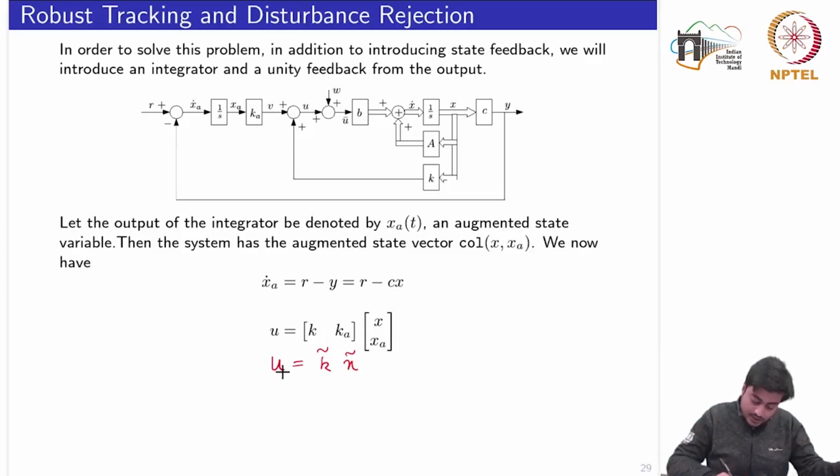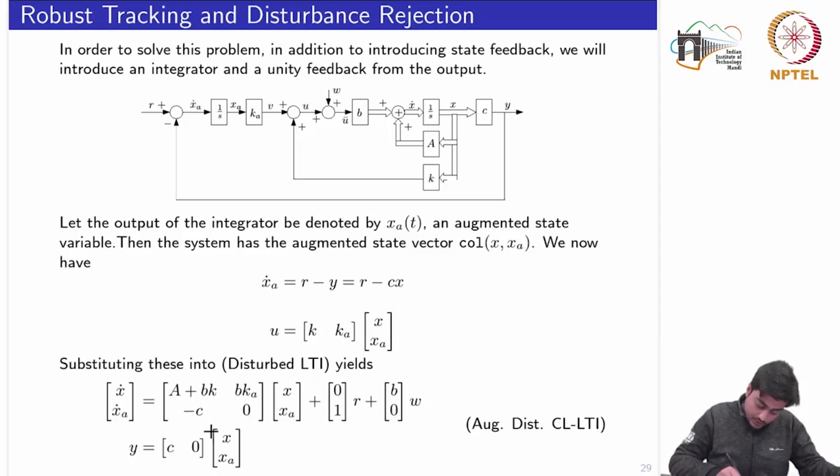Now substituting this u into the augmented plant system, we would obtain this closed loop system, where by including this ka we would get this overall augmented, disturbed, closed loop LTI system, where this K with the addition of this Kx would add into this.